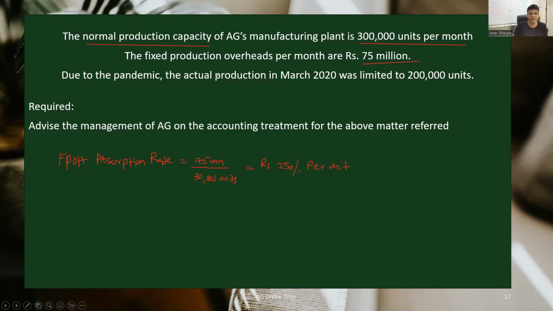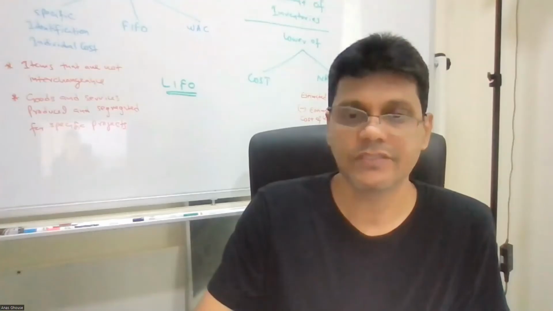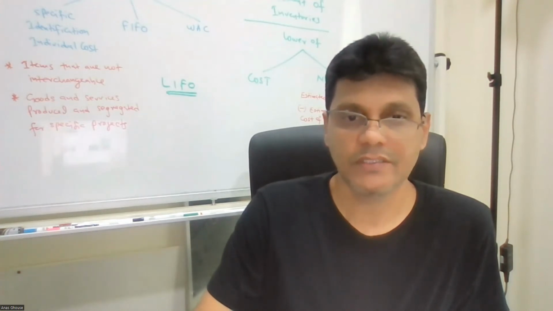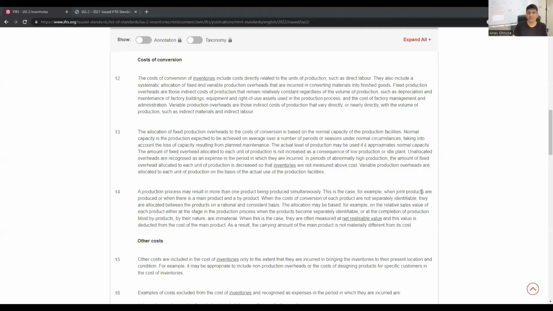Now, the actual production during the pandemic period was 200,000 units. So in a situation like this, how do you allocate? I will go back to the standard and share the extract from the standard.